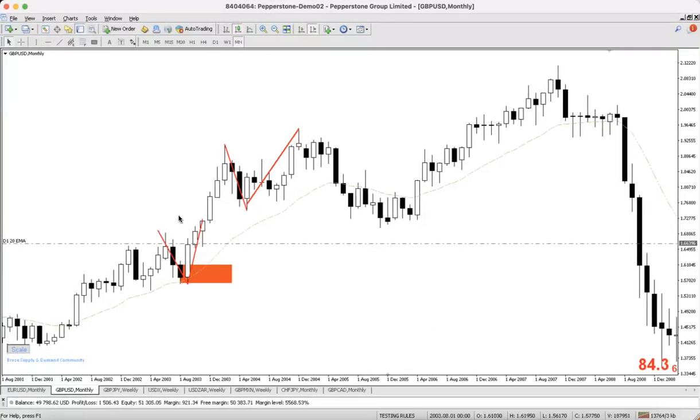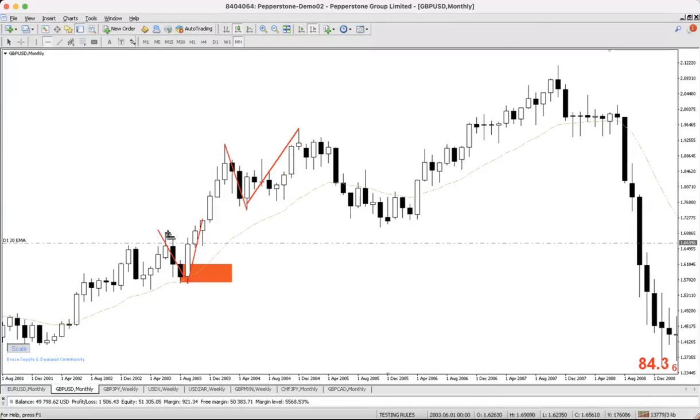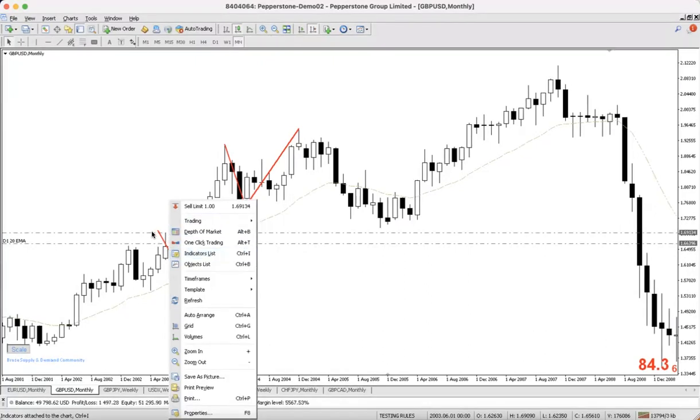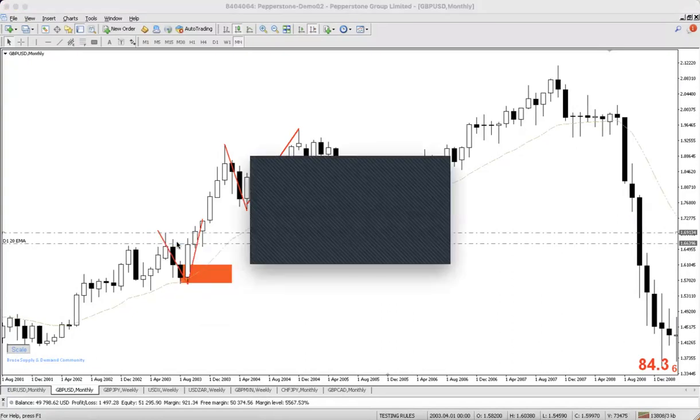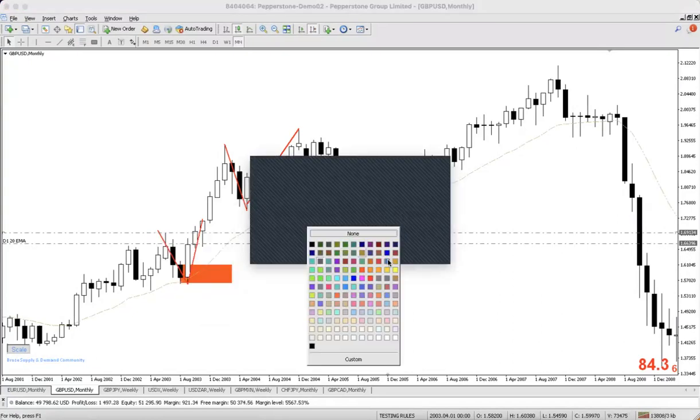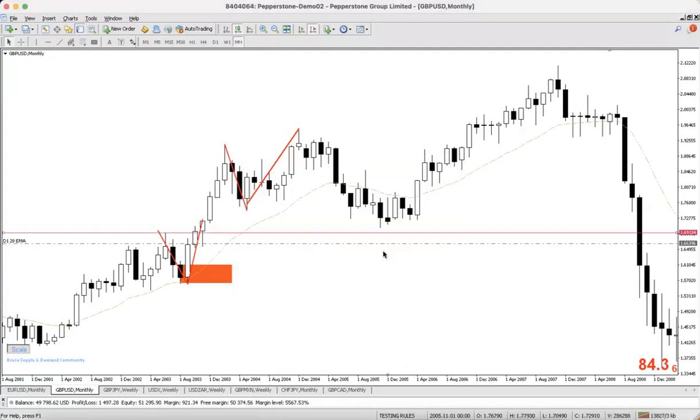Now, something very important for you to remember is this. For you to consider that a valley, you have to always look here. The next candle you draw, you have to make sure it makes a higher high.